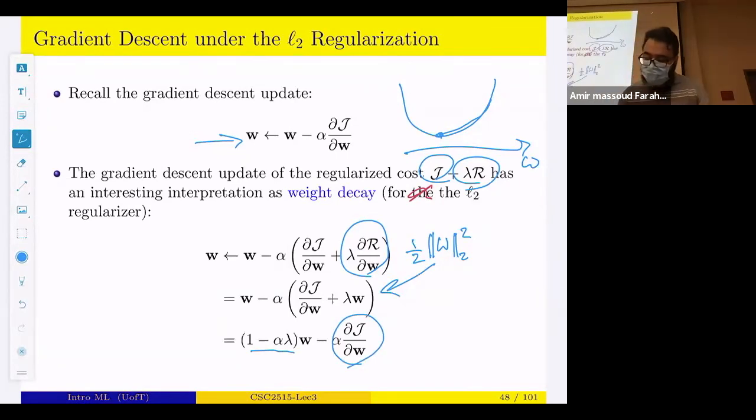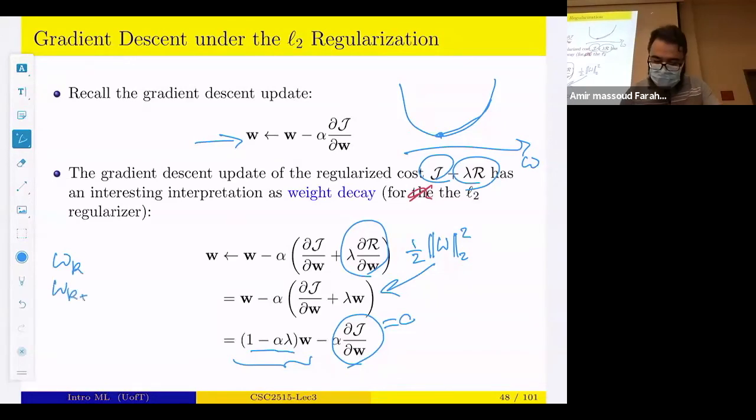This term can be interpreted as some form of decaying the weight. Just imagine for now that this gradient is equal to 0. So what happens? W is not 0. Suppose at some step we have WK.